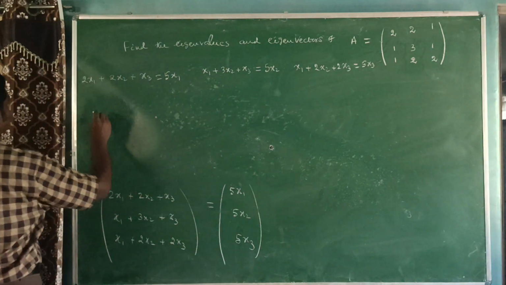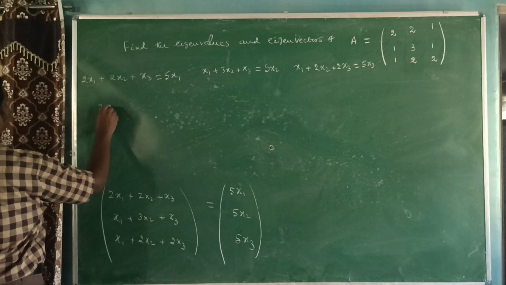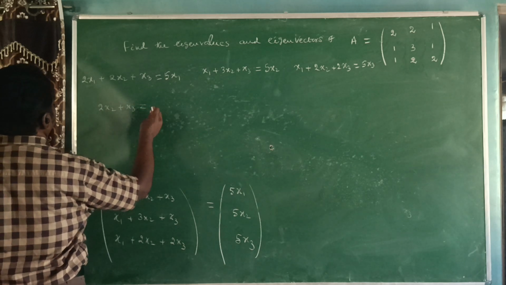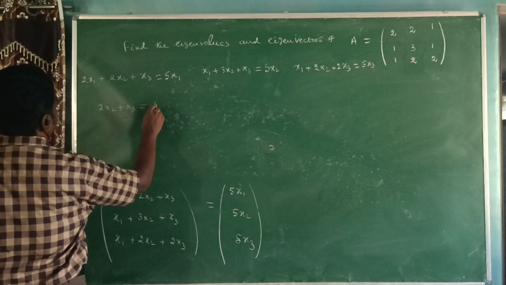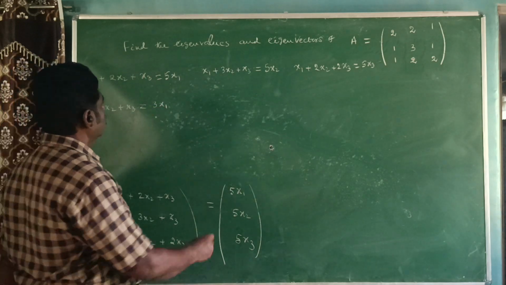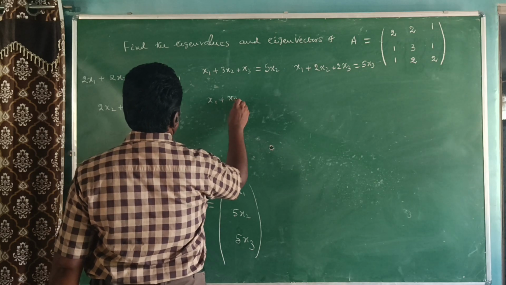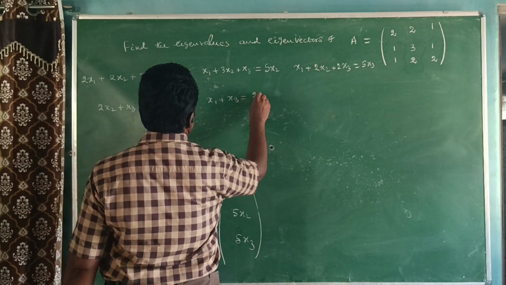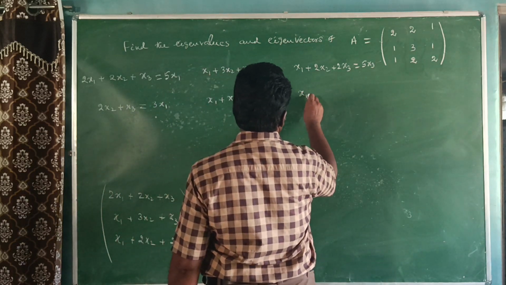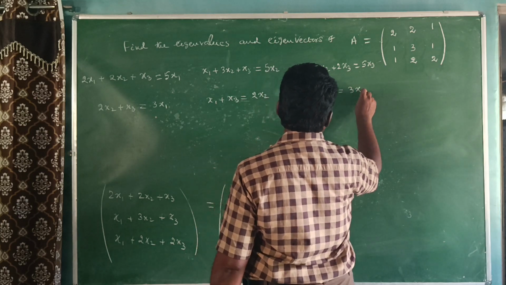From the first equation, 2x2 plus x3 is equal to 5x1 minus 2x1, that is 3x1. From the second, x1 plus x3 equal to 2x2. From the third, x1 plus 2x2 equal to 3x3.